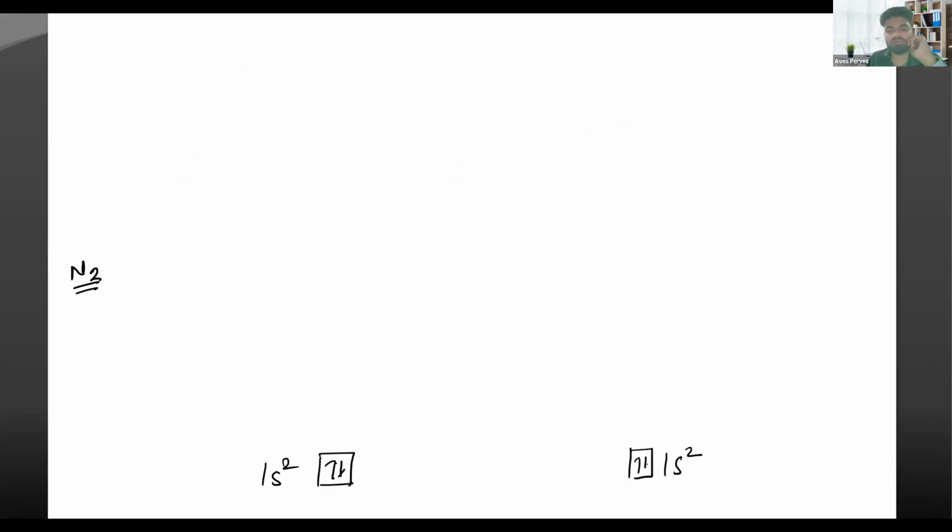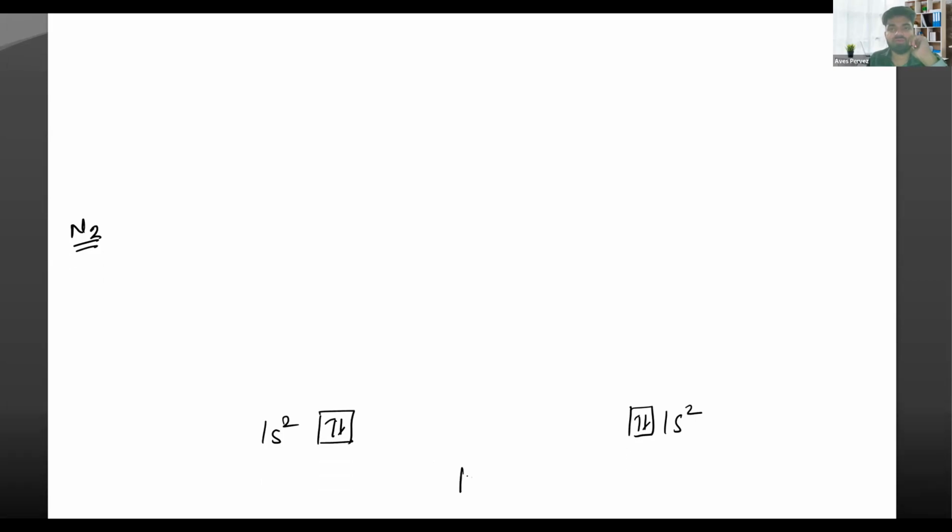This is one nitrogen, this is another nitrogen, so 1s2 electrons for both. First we have this electron configuration, then we have 2s2. We draw it like this.